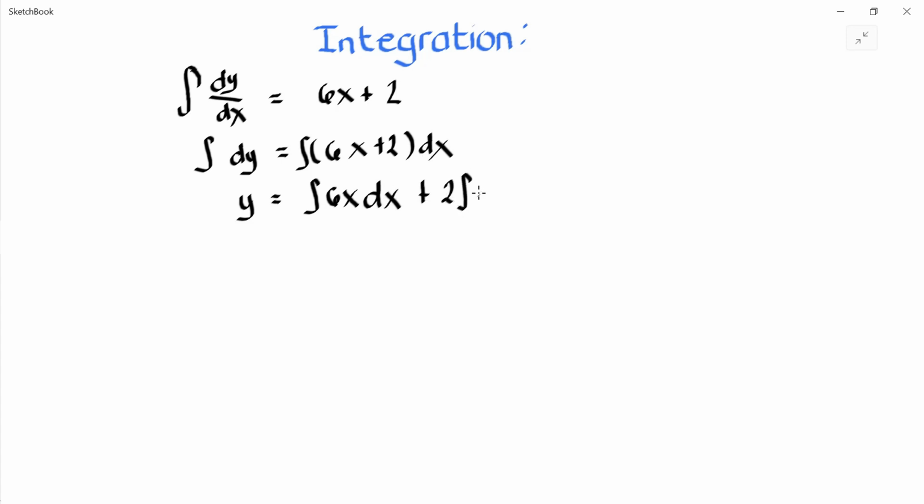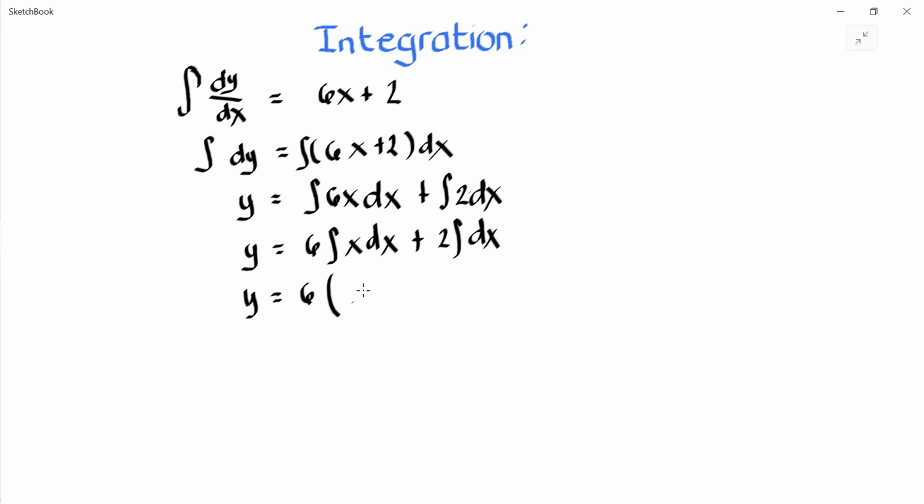plus the integral of 2 dx, and y is equal to 6 integrals of x dx. We factored out the constant on the left side because our variable of integration was x.